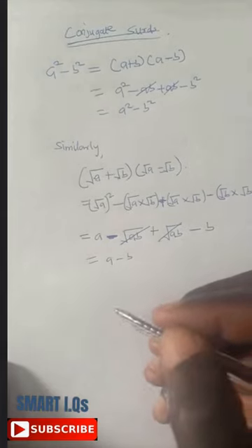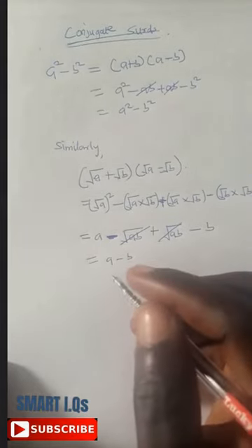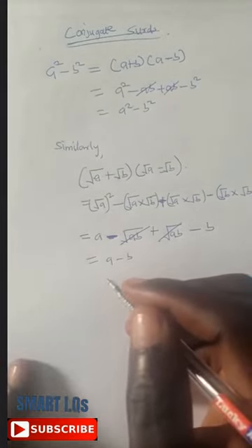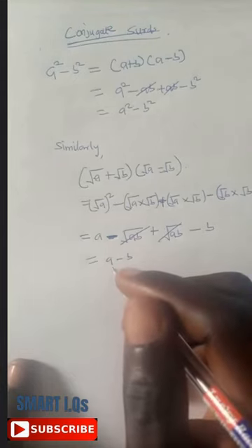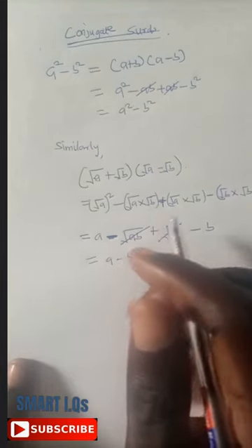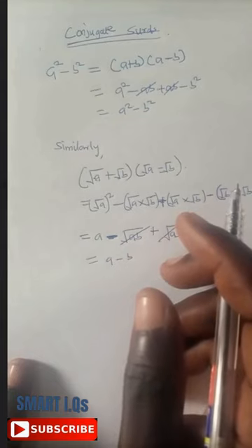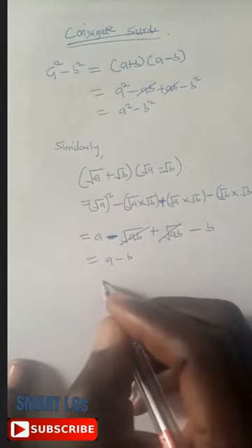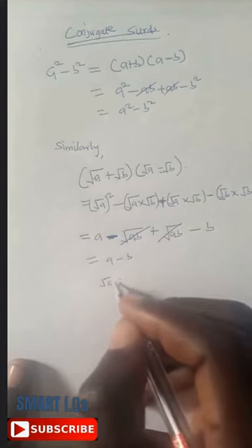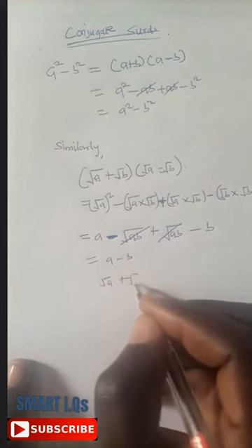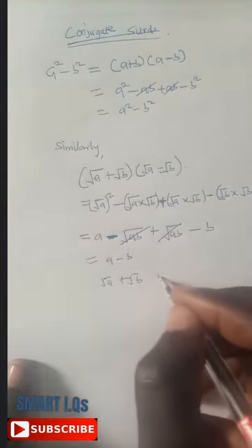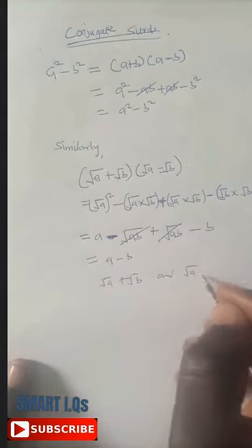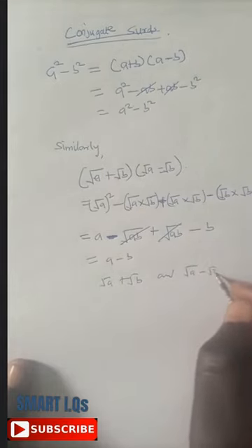Are we together? So what it means is that the square root of a plus the square root of b, and the square root of a minus the square root of b, both of them are not rational.